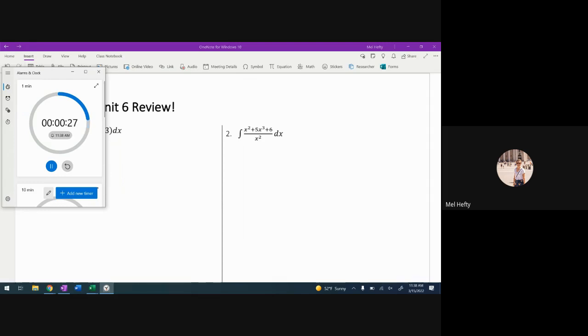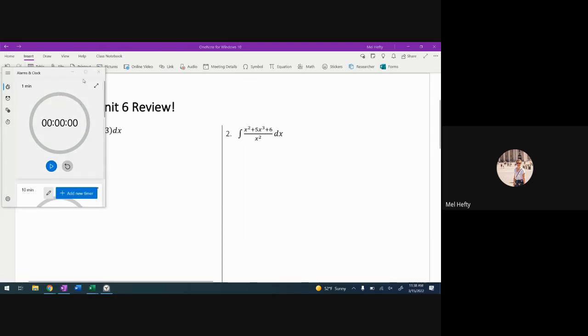You're going to have to simplify that before you get going, so you're going to need pre-calc knowledge of what tangent equals to help you simplify before you integrate.